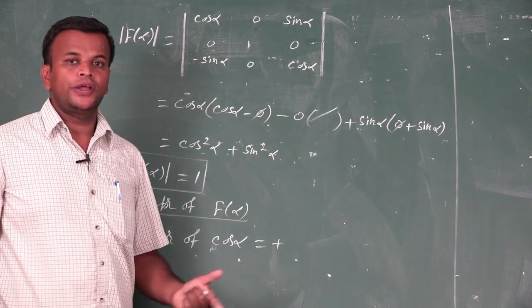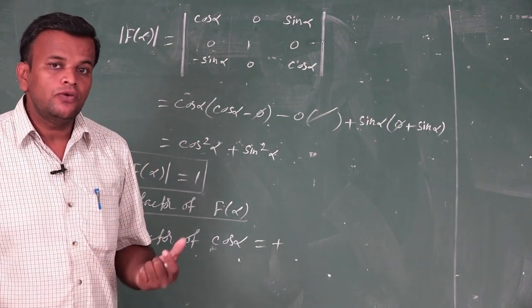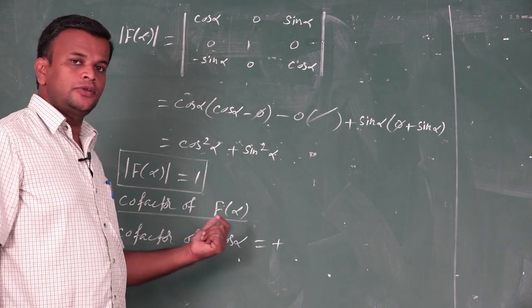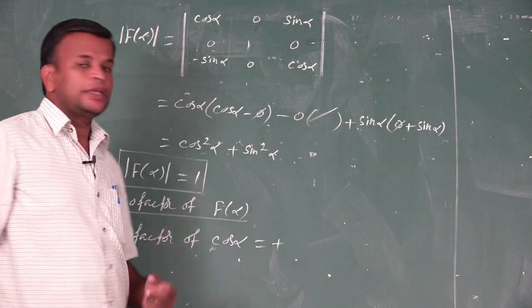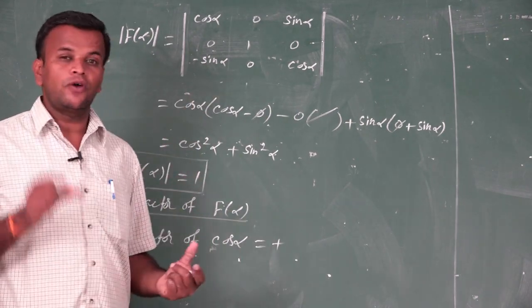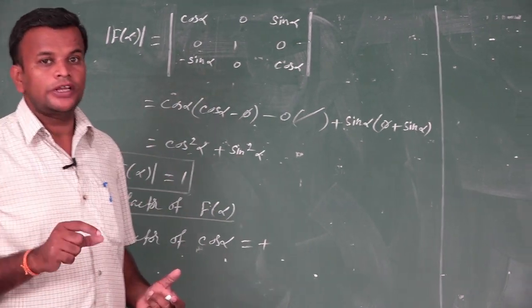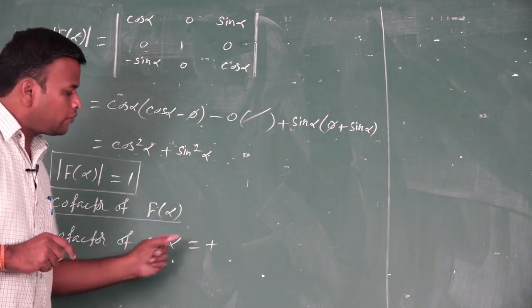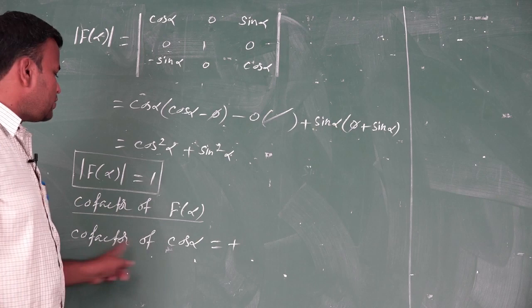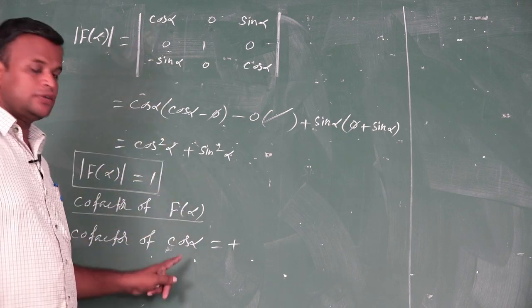Next to find a cofactor, because the adjoint formula is a transpose of cofactor. So cofactor of each and every element. In the previous video, I already detailedly explained how to find the cofactor of each and every element. In short form, we write, but you don't make any mistake. The first one is cofactor of cos alpha.